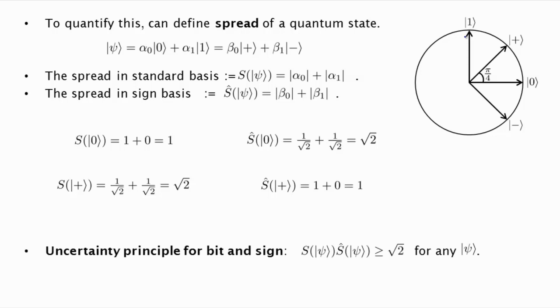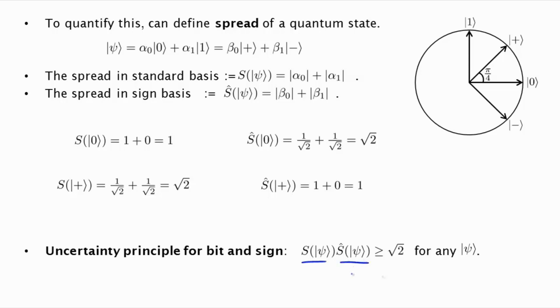And so what this uncertainty principle for bit and sign says is that if you look at the spread in the standard basis and multiply it by the spread in the sign basis of any qubit, then this product is at least square root 2. Which means that both of these values cannot simultaneously be 1.